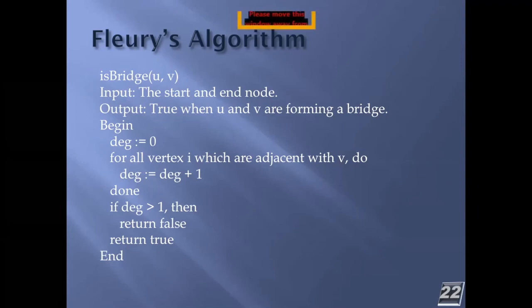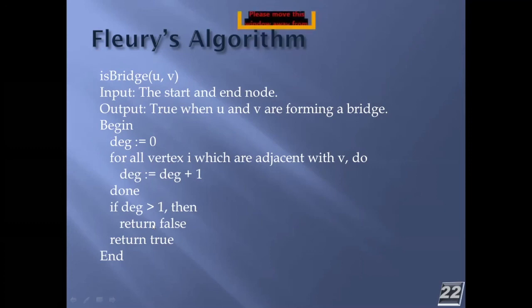Then I traverse all adjacent nodes of v, and for each adjacent node I increment the degree by 1. Before that I initialize degree with 0 because I check for all nodes individually. Then if degree is greater than 1, it means there is a bridge from node u to v, and it returns true. Otherwise it returns false, which means there is no bridge between u and v.